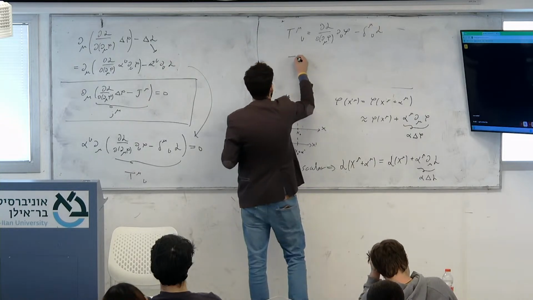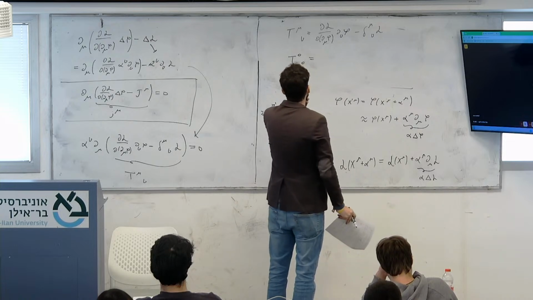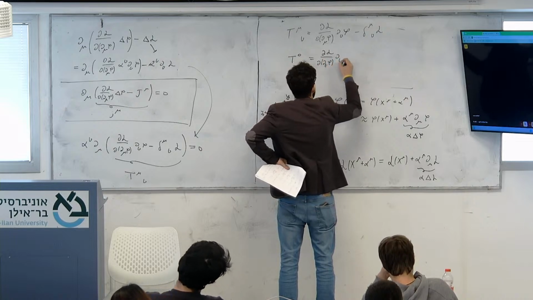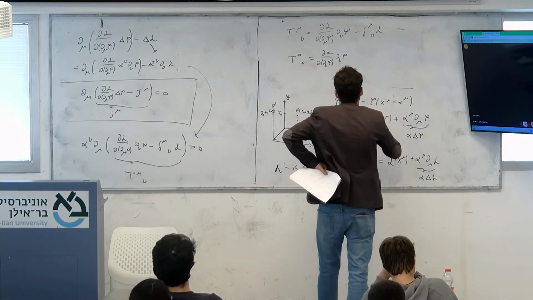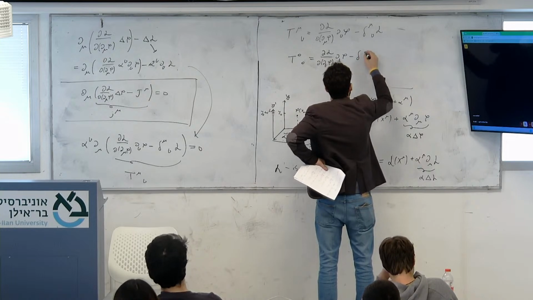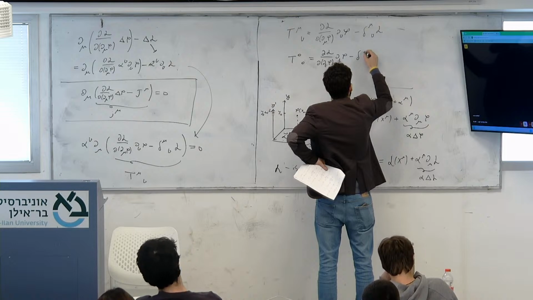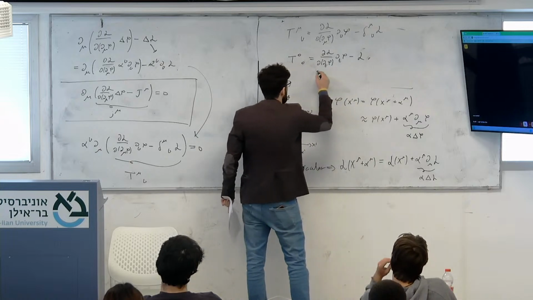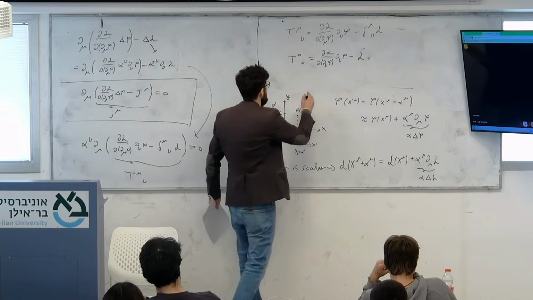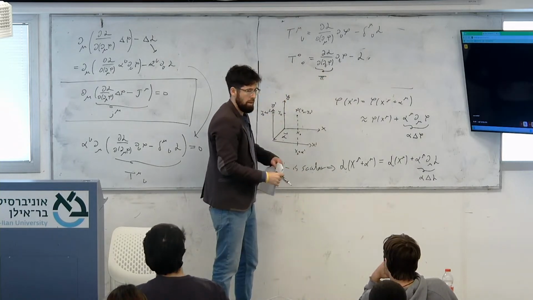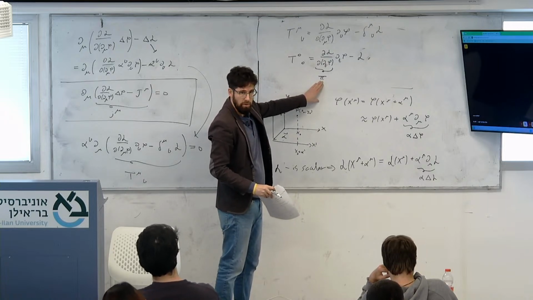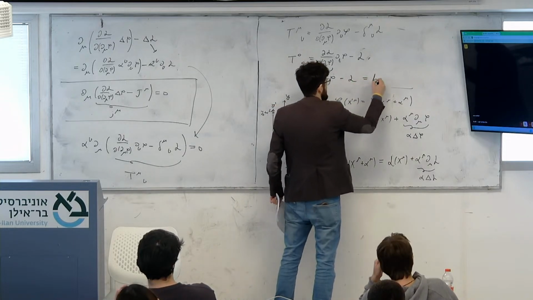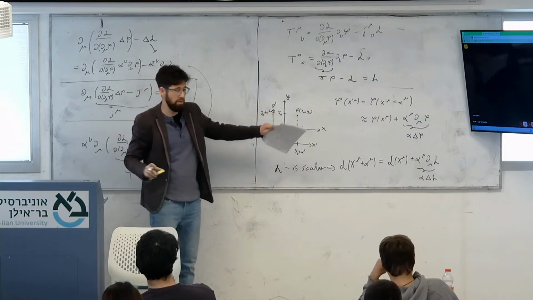So T^0_0, for example, would be ∂L/∂(∂_t φ) times ∂_t φ minus δ^0_0, which is just 1, times L. And then the claim would be that if I associate this with a generalized momentum or conjugate momentum, then this would be a term like π φ dot minus L. So this is the energy, this is the Hamiltonian density, and we'll see this in a moment.